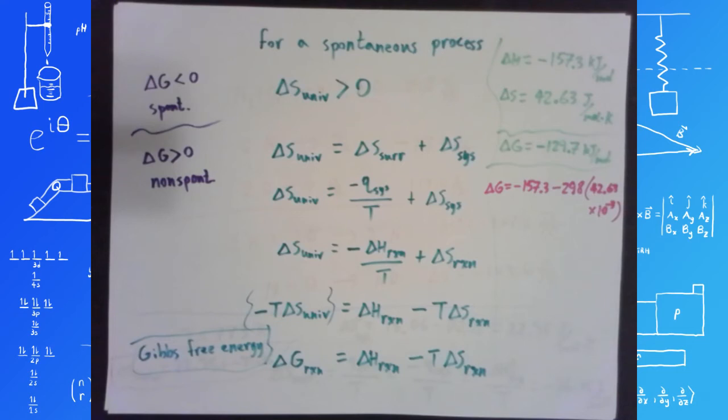No, that's not right either. What did they do? Where are they getting negative 129.7 from? Did I do my math wrong? It doesn't look like it. That is so odd.